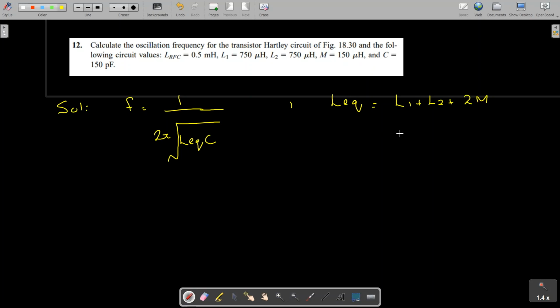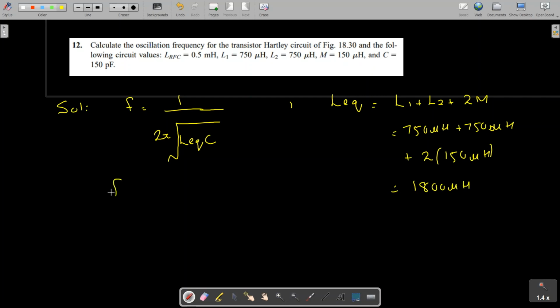So here L1 is 750 microhenry, L2 is also 750 microhenry, and then we have 2M, which is 150 microhenry. So 750 plus 750 is 1500, and this 2 into 150 is 300. So 1500 plus 300 is your 1800 microhenry.